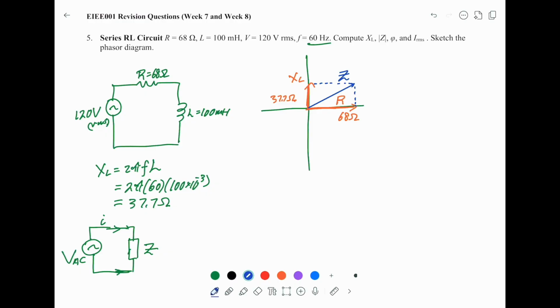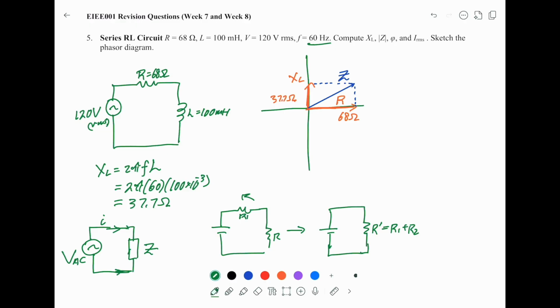It's the sum of the inductive reactance and the R. Think about a DC circuit: if you have an R and another R, you can reduce them to your source and one single resistor, R1 plus R2. You just add them. We do the same thing. We add R and the inductance.